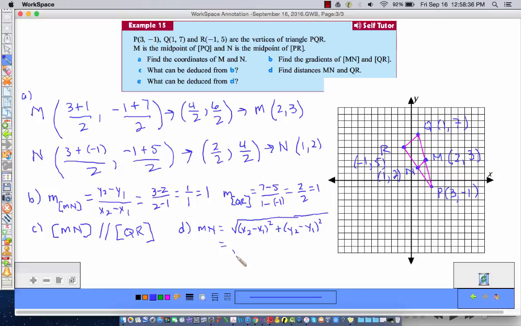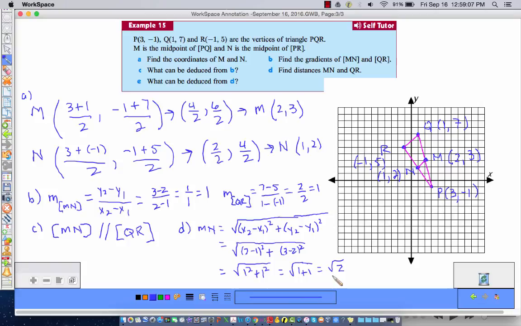So that's going to be the square root of, let's see, 2 minus 1 squared plus the difference in my y's, 3 minus 2 squared, which equals the square root of 1 squared plus 1 squared equals square root 1 plus 1, sorry, equals square root of 2.